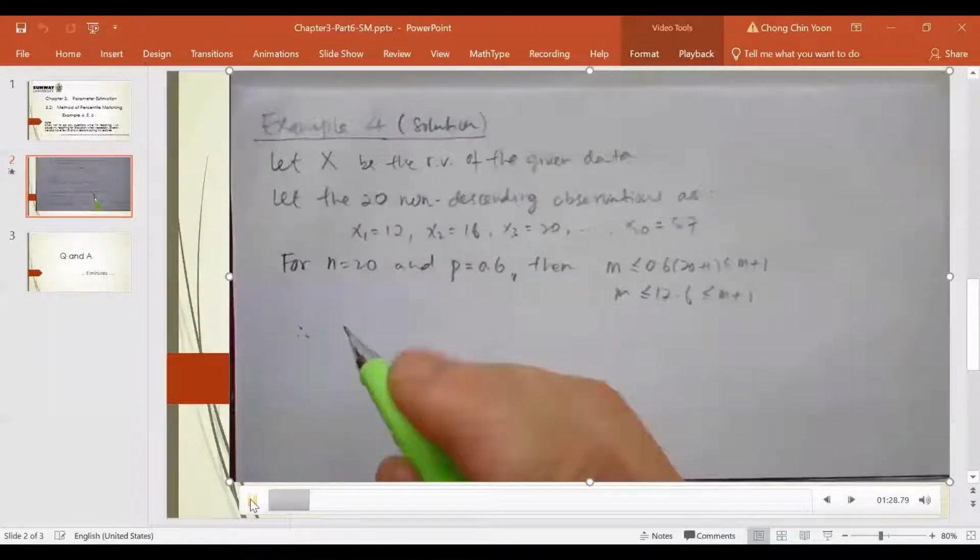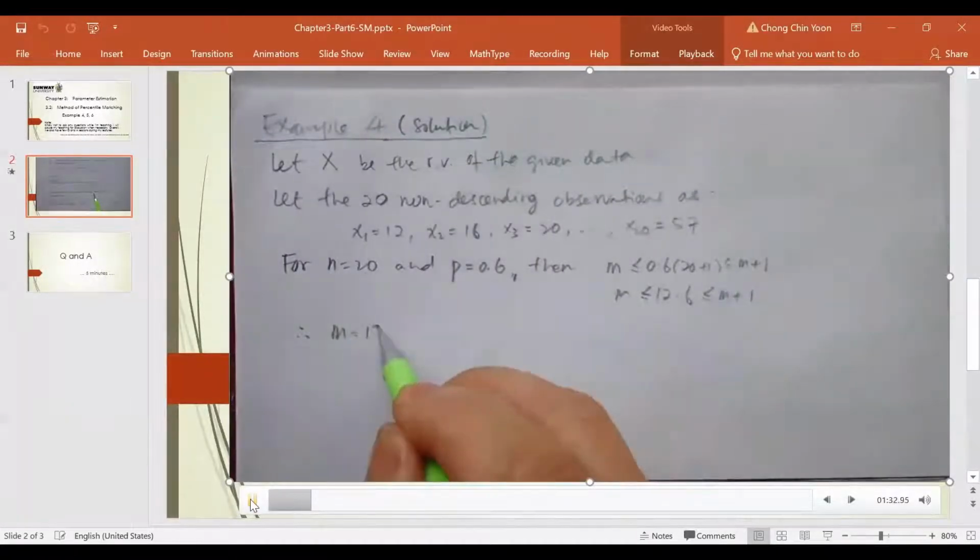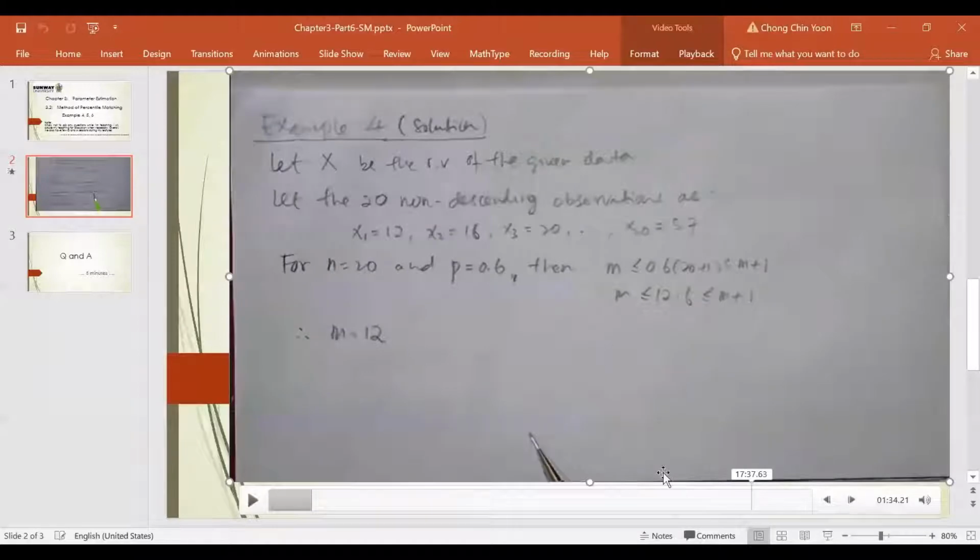Therefore, we choose the integer m as 12. Clear or not? From here you have to choose the largest integer which is less than 12.6. That must be 12. You must choose the correct m, the integer.